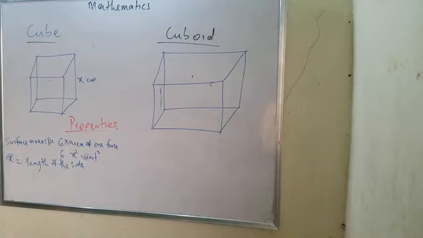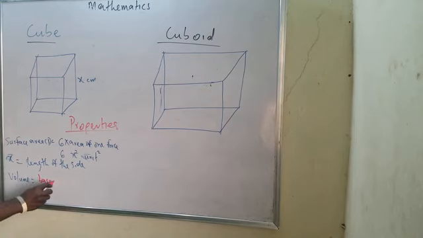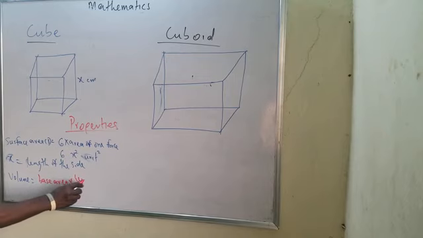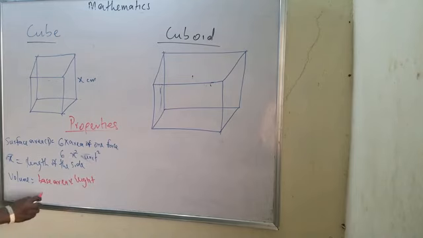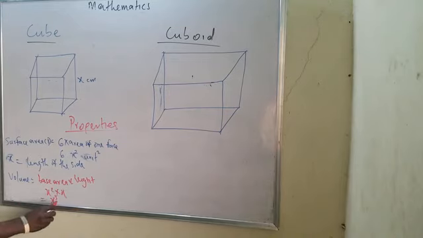Since I have that, my volume will be equal to the base area multiplied by the height, which I have as x squared multiplied by another x, because they are all equal. It will be s raised to power 3, in centimeters or units cubed. That is all we need.